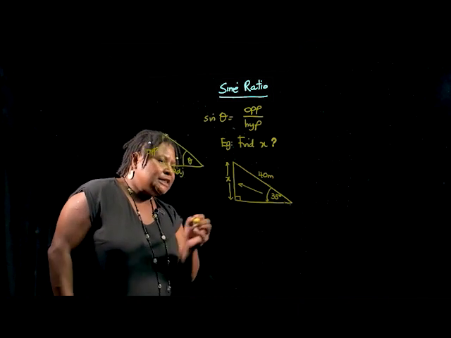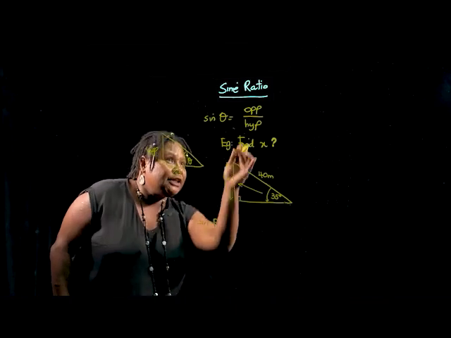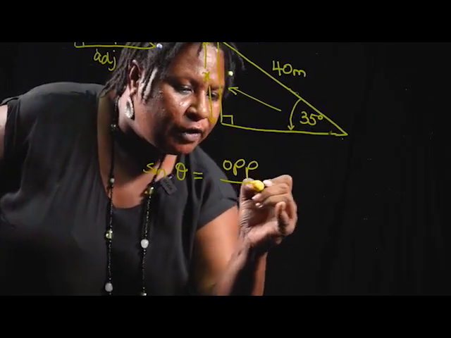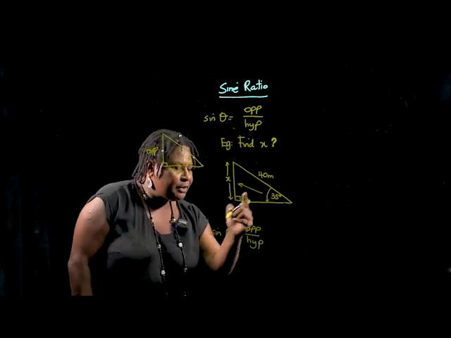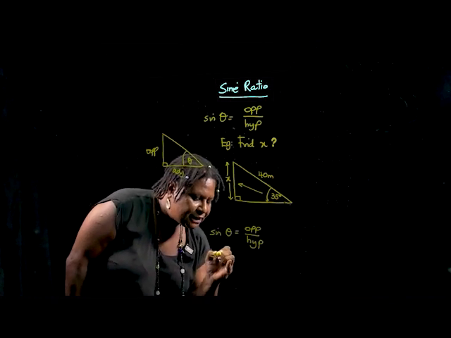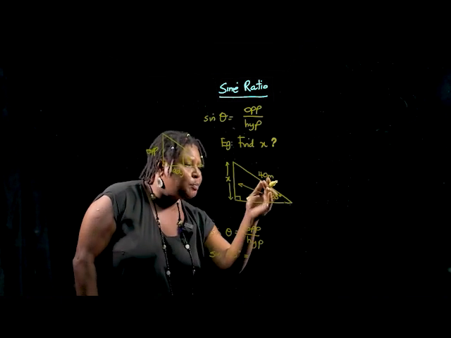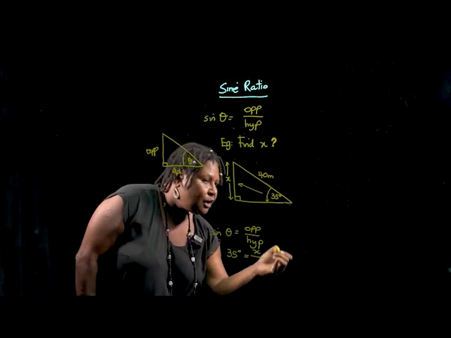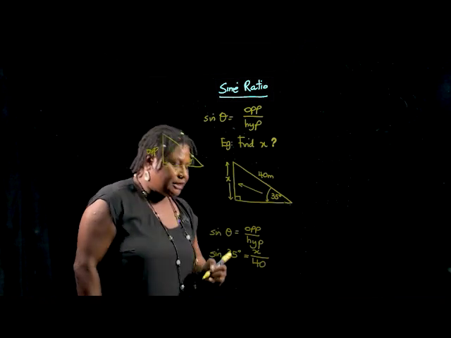So let's see. Sine theta, let's rewrite that first, opposite over hypotenuse. Let's look at our diagram. Theta is given here as 35, so we will write sine 35 degrees equal to, the opposite side is unknown, so we write x over the hypotenuse of 40 meters.